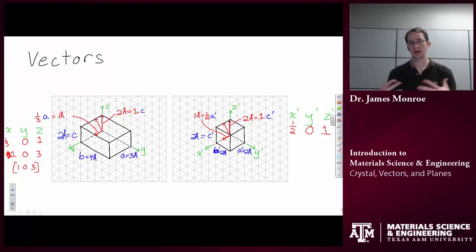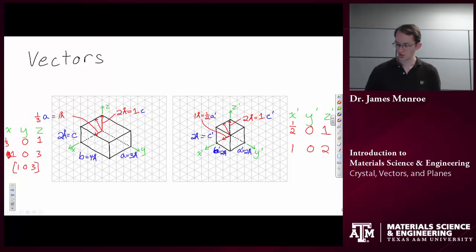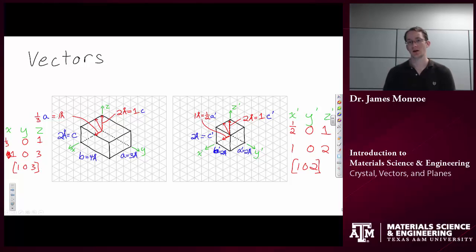And so again, we have to find a common factor, and this would turn into 1, 0, 2. If we put it into square brackets, [1 0 2] is the number that describes this vector in the cubic system. So now we have something very interesting. We have two vectors, and they point in exactly the same direction in a Cartesian coordinate system. But if we put them into the relative crystal coordinate system, they will be different.